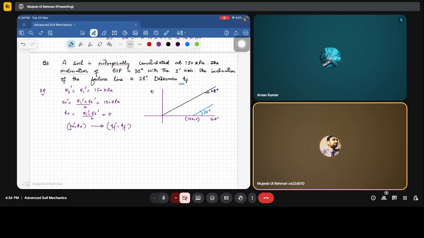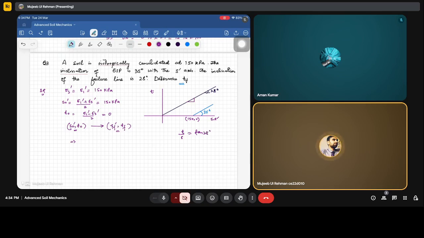Now, this change from the consolidation state to this state will follow a relation. What is the relation? T by S. If we know the slope of this line, T by S is equivalent to tan of 28 degrees. Slope of this line.